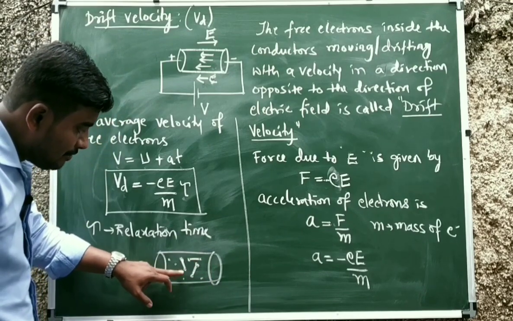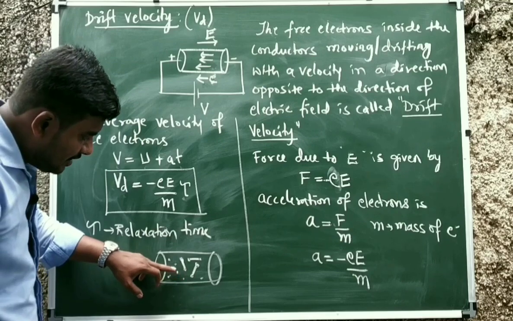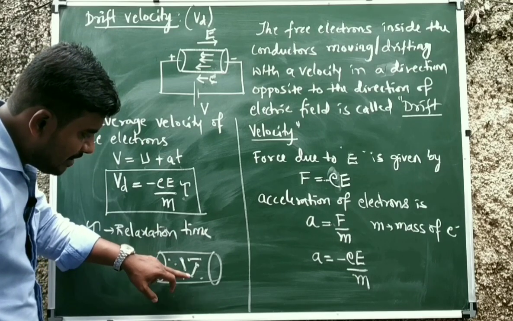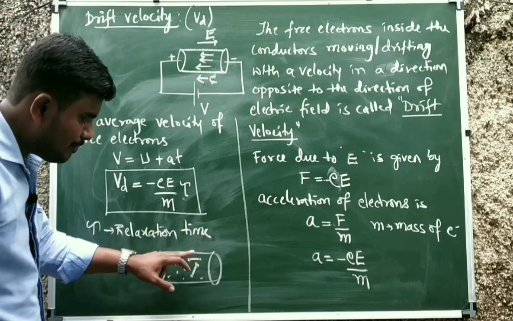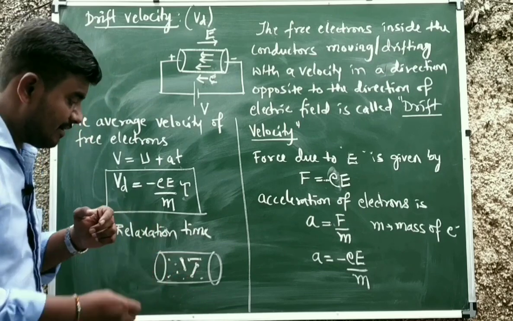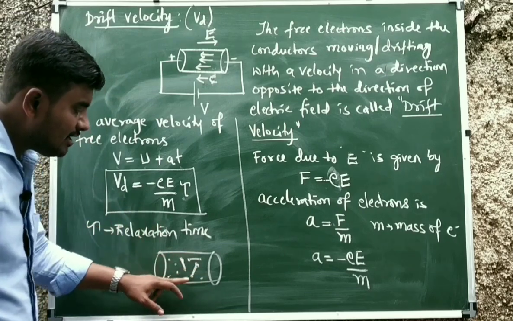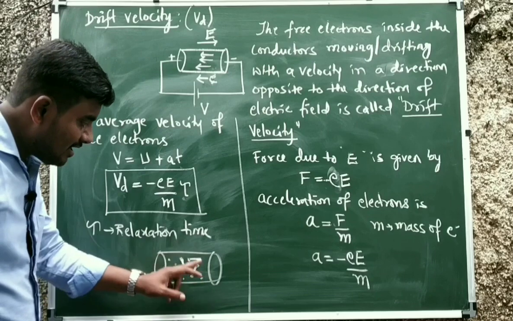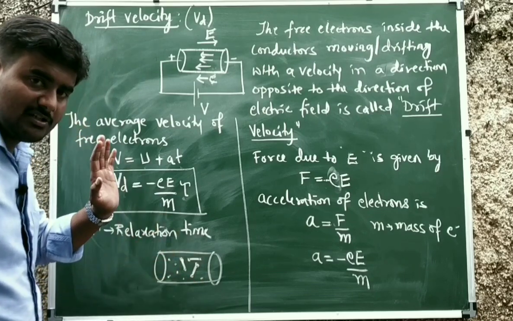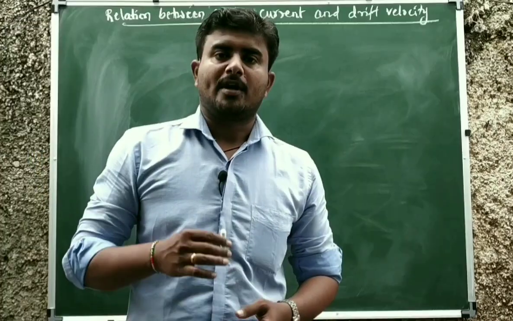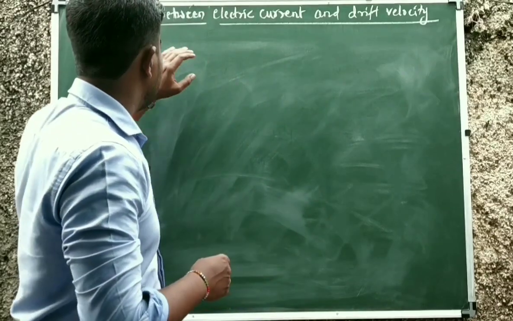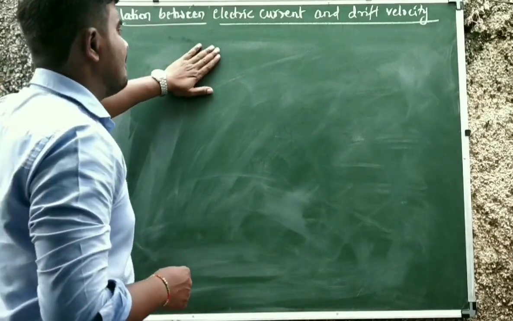The collision time is small in many cases and large in many cases, because many electrons collide with each other. Therefore we consider the average time, and that average time is treated as relaxation time.